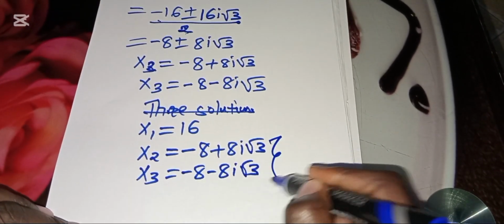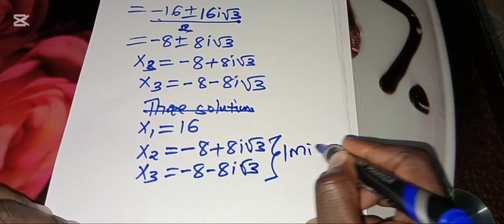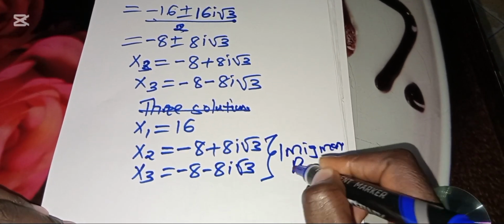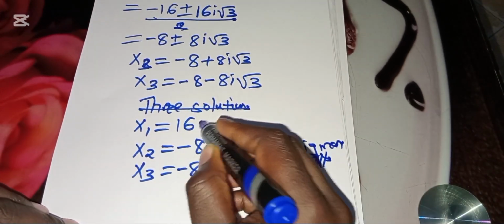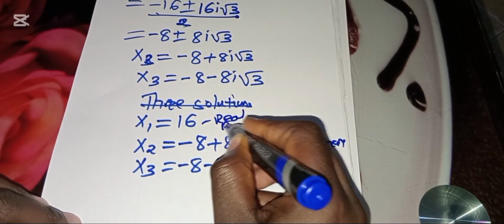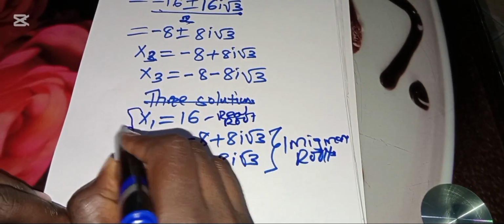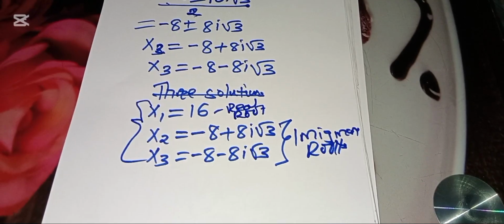So that shows that our equation has three solutions, whereby x1 is equal to 16, x2 is negative 8 plus 8i square root of 3, and x3 is negative 8 minus 8i square root of 3. These are imaginary roots, and this is only the real root. But essentially we have three solutions to our equation.